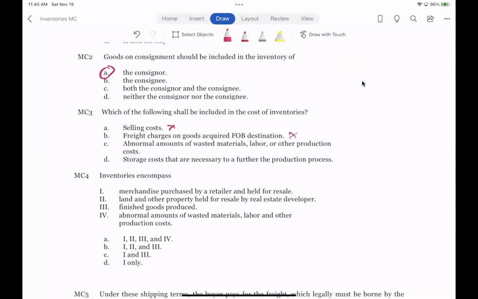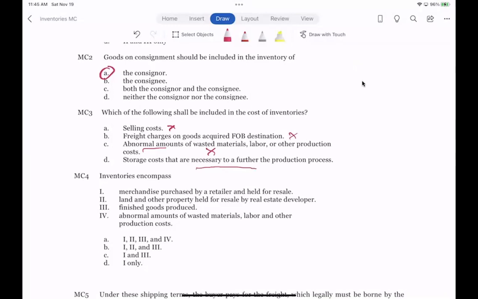Abnormal amounts of wasted materials, labor, or other production process. Because this is an abnormal amount, this is taken to profit or loss, not an inventoriable cost. So letter D is storage costs that are necessary. Please take note that there is a qualification here.